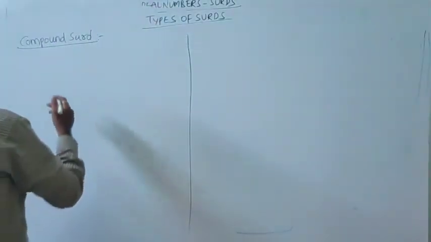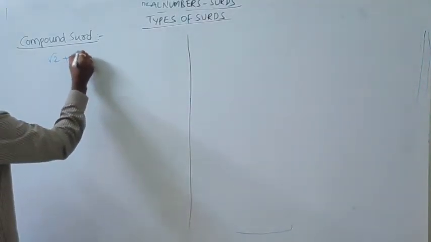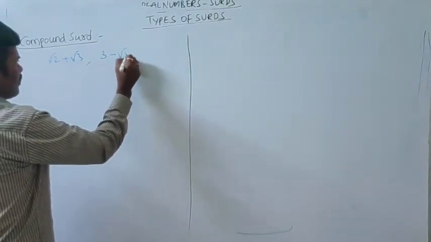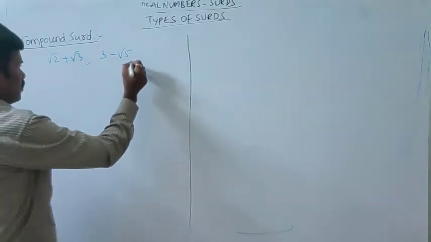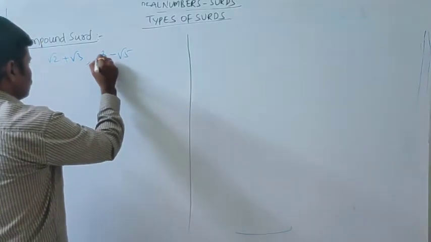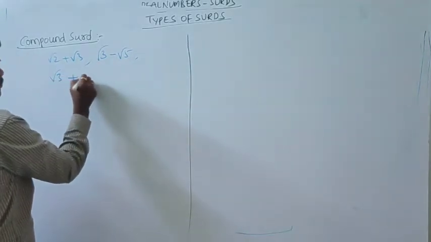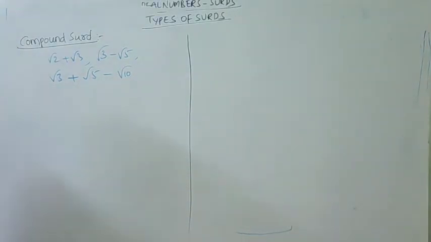Such types of surds are called compound surds. For example, root 2 plus root 3, or root 3 minus root 5, these are compound surds. Generally we write root 3 plus root 5 minus root 10. They all come under compound surds.